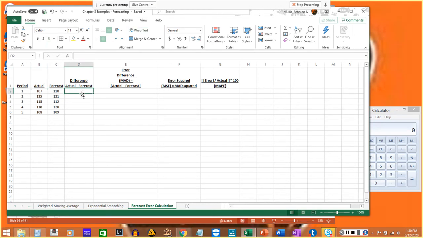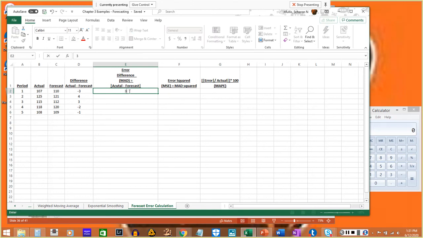So we have 107 minus 110. That would give us a -3. If we go to period 2, that's 125 minus 121. That'll give us 4. After we find out what the differences are, we need to make those absolute so they all come out positive.